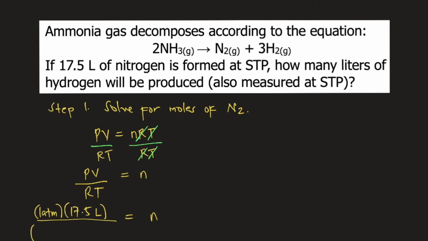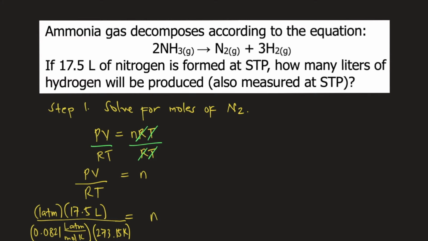R is the gas constant, 0.0821 liter atmosphere per mole Kelvin. And T is temperature. So the standard temperature, always remember this, is 273.15 Kelvin.